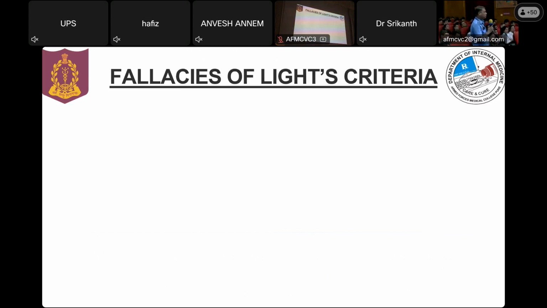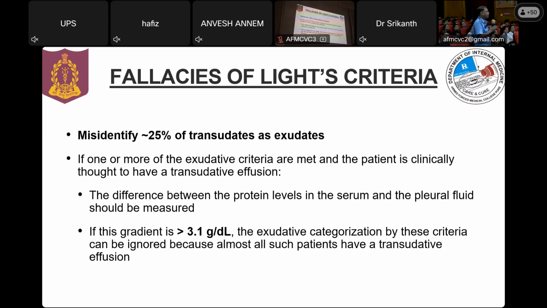What is SPAG? Serum pleural albumin gradient, sir. So we take the difference of serum protein and pleural fluid protein. Rightly said, if this gradient is more than 3.1 gram per deciliter, the exudative categorization by this criteria can be ignored because almost all such patients have a transudative effusion.